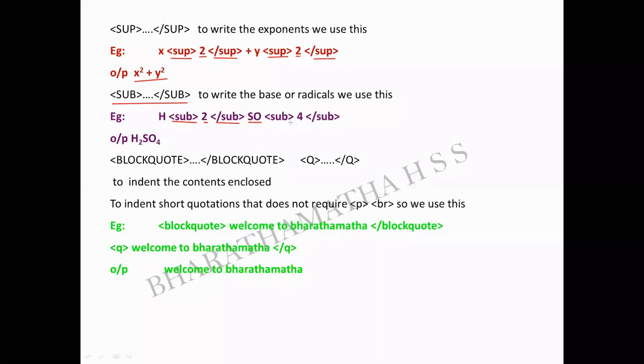What I'll do is write sub, give 4, then again close that sub. So like this you will get the output as H2SO4. This also will be asked as a 2 mark question. That is H2SO4, and you will get it in your question paper. Write the required tags to see the contents like this on your browser. So you have to write it suitably like this.